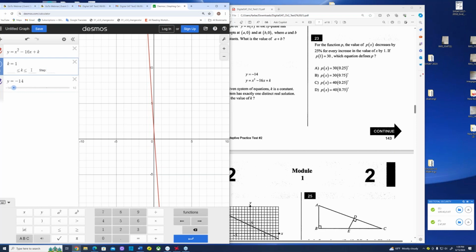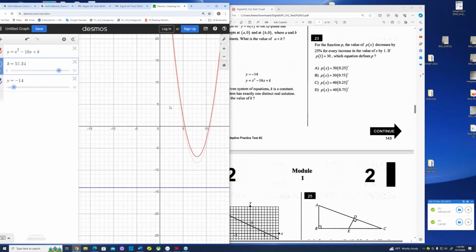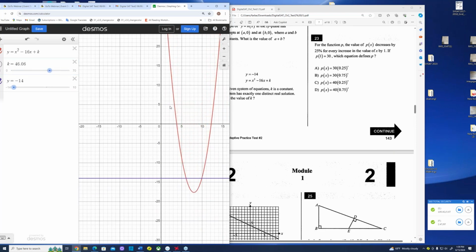And K, this increases from 0 to 7. You see it moving back and forth here.